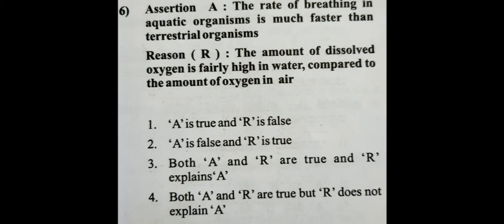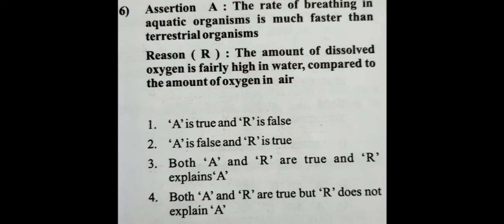The options: first one, A is true and R is false. Second option, A is false, R is true. Third one, both A and R are true and R explains A. Fourth, both A and R are true but R does not explain A.